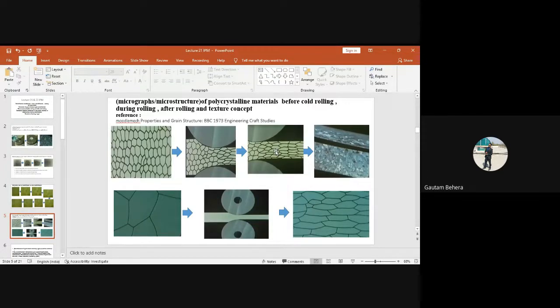If you remember, I have already explained why: because of atomic spacing, the distance between the atoms is different. Suppose I am talking about magnetic property, electrical property, maybe the mechanical property itself, it will change in different directions. So that is anisotropy. But if you have a polycrystalline material with equiaxed grains, is the entire material isotropic or anisotropic?